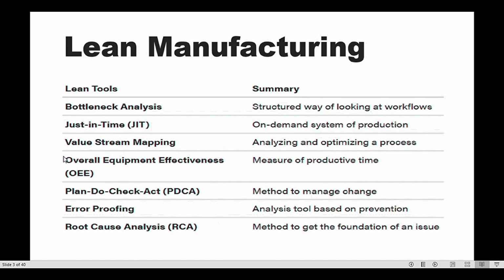Lean manufacturing tools include bottleneck analysis, a structured way of looking at workflows; just-in-time, an on-demand system of production; value stream mapping, another tool that means analyzing and optimizing a process; overall equipment effectiveness, which measures productive time; Plan, Do, Check, Act (PDCA), a method to manage change; error proofing, analysis tools based on prevention; and root cause analysis, a method to get to the foundation of an issue.